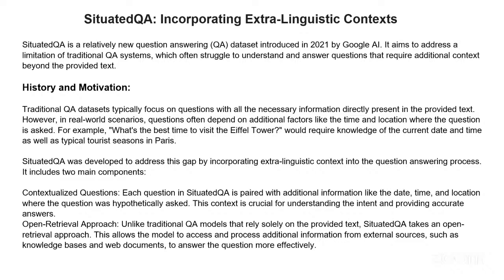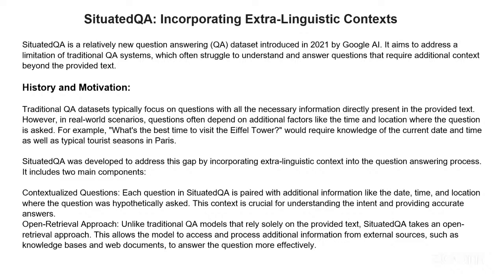In contextualized questions, each question in Situated QA is paired with additional information like date, time, and location where the question is hypothetically asked. This context is crucial for understanding the intent.